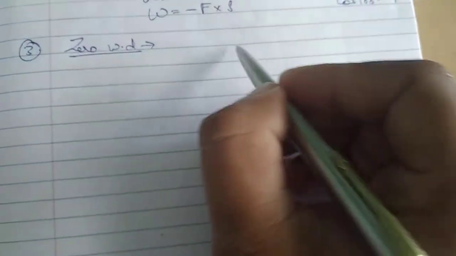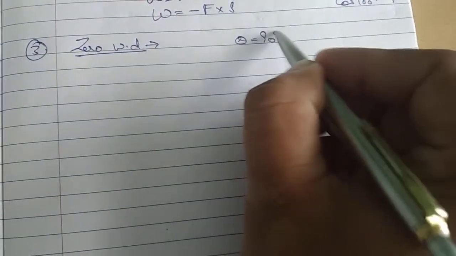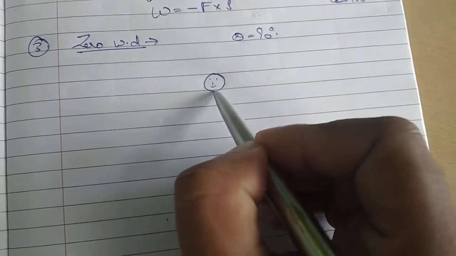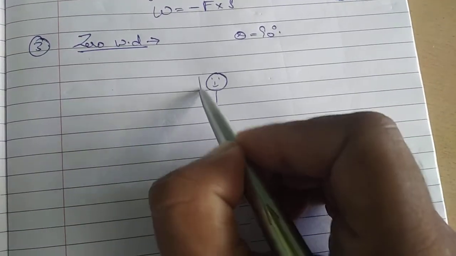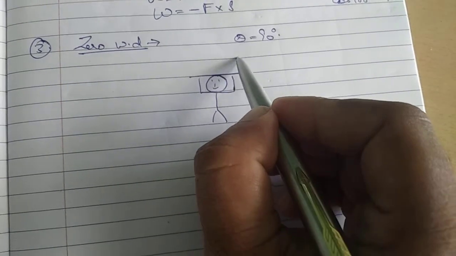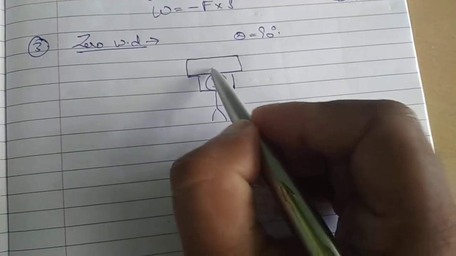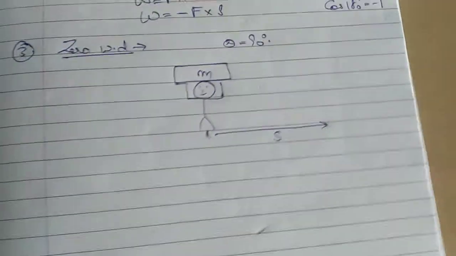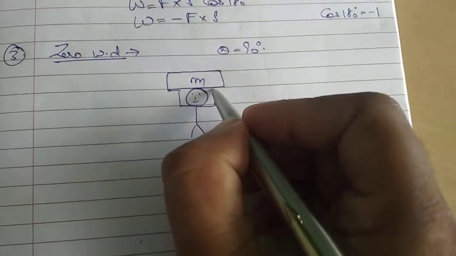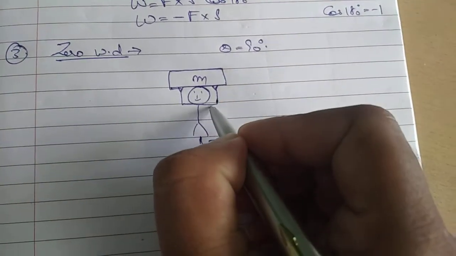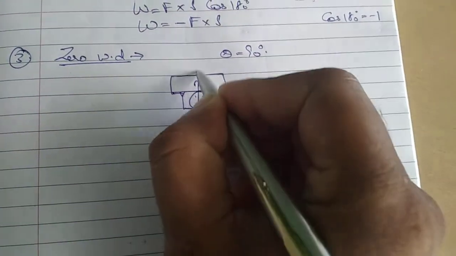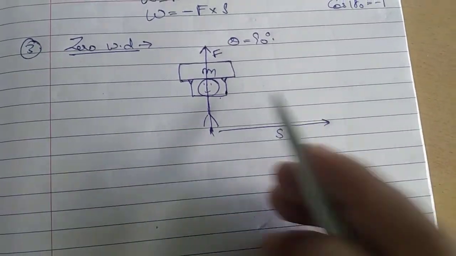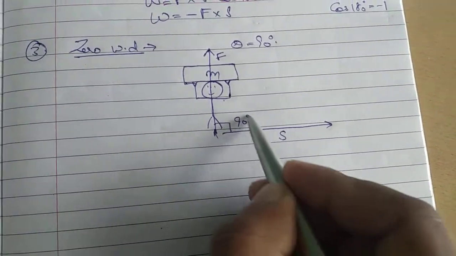Third is zero work done. Work done is 0 when theta is 90 degrees. How is theta 90? Let us consider a person who is standing here, carrying a bag having mass m, and he is walking in this direction, that is S. When he carries the bag, he applies the force with his hands and arms towards the bag, that is F. This is F and this is S. The angle between F and S is 90 degrees.